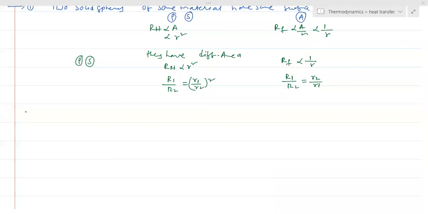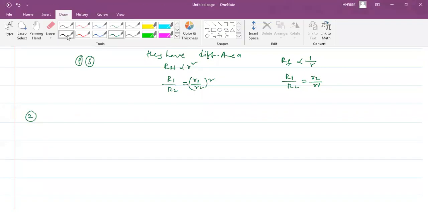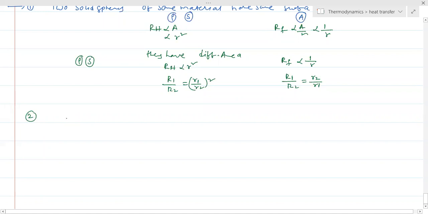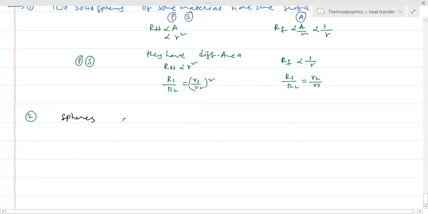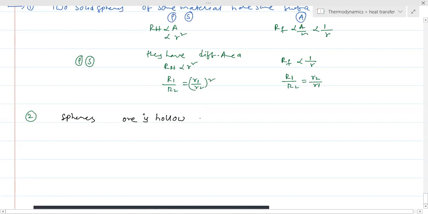Next, we are taking the second situation. Suppose two spheres, one is hollow and the other is solid.